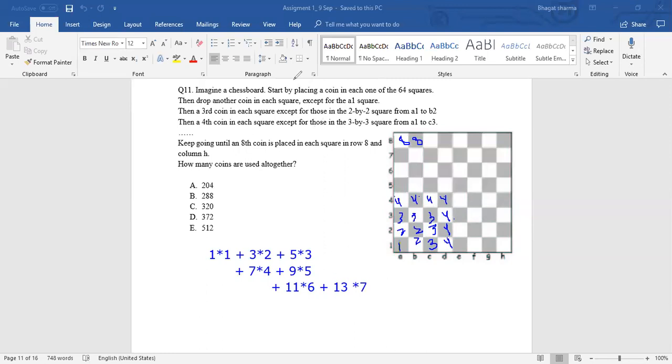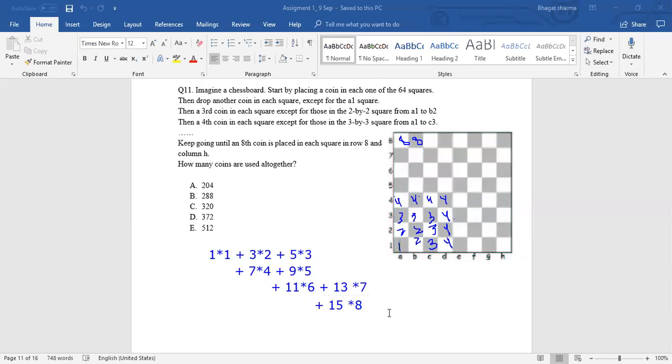So similarly, if you continue the pattern, you can look at it: the number of squares is increasing by 1, 3, 5, 7, 9, and the coins we have placed is 1, 2, 3, 4, 5, 6, 7, 8. So there is a pattern in the increasing order of the coins, or in all the squares, you can say how many squares have that number of coins.